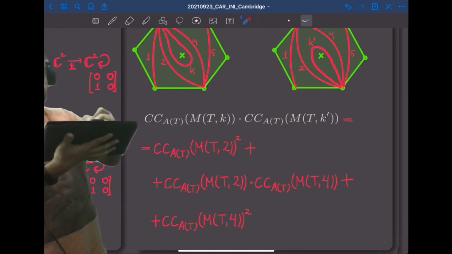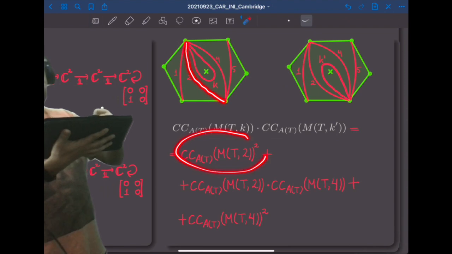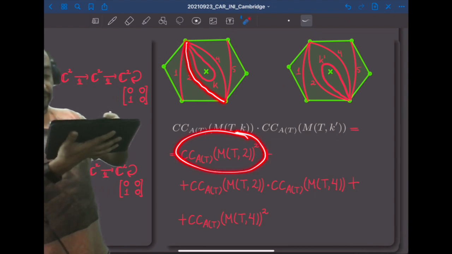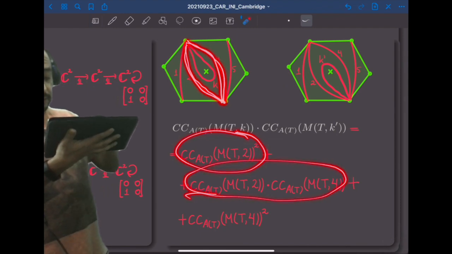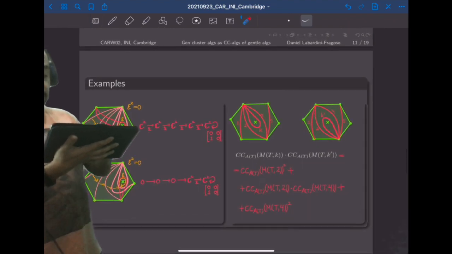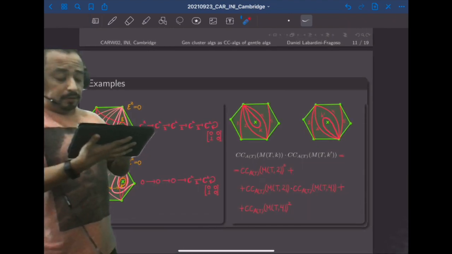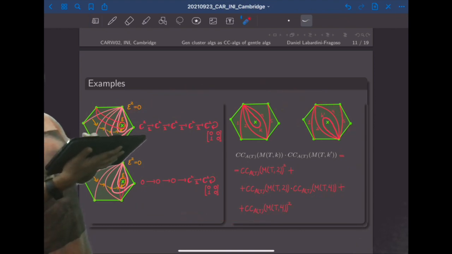So it is this one square plus the product of these two plus this one square. And this you can just compute directly, at least in this example.